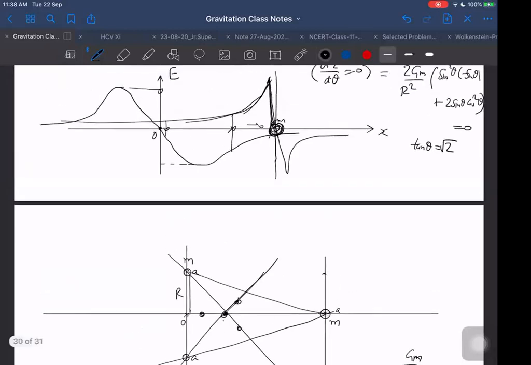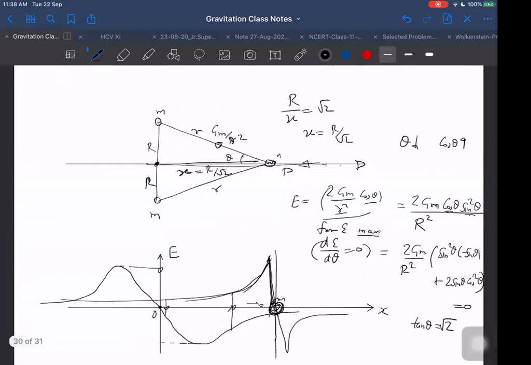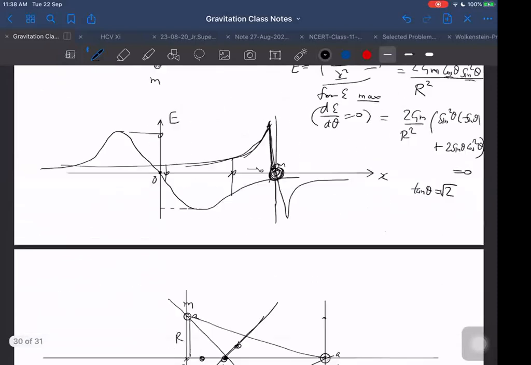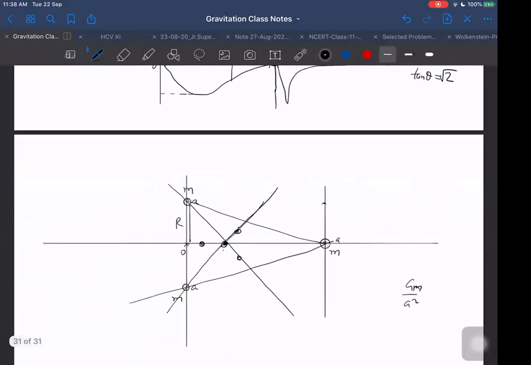If I take inside the mass also, then I think it will be 6. If I exclude inside the masses, outside null points will be how many? Outside there will be 1, 2, 3, 4. 4 null points, I think.